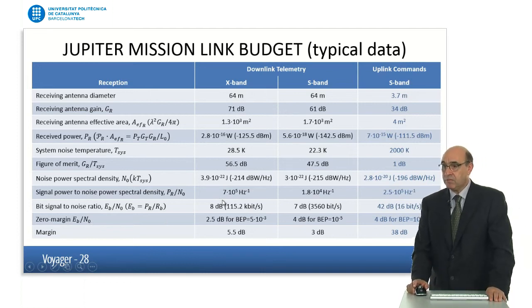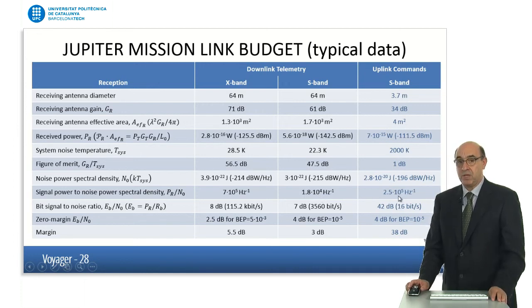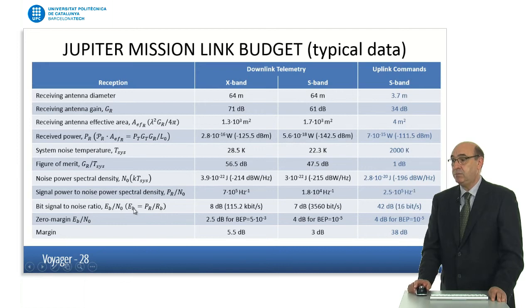So now with the signal to noise power spectral density, here we get 7 10 to the 5th on X band. Here 1.8 10 to the 4. And in this case also it's a larger number. Now we need to find the energy per bit.